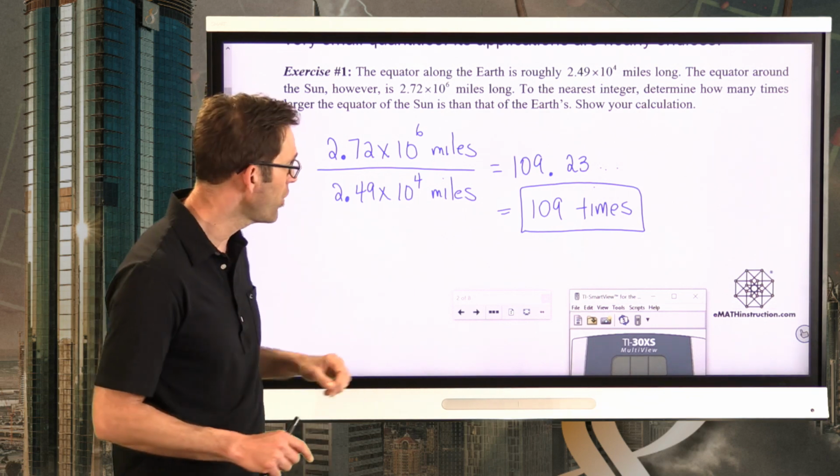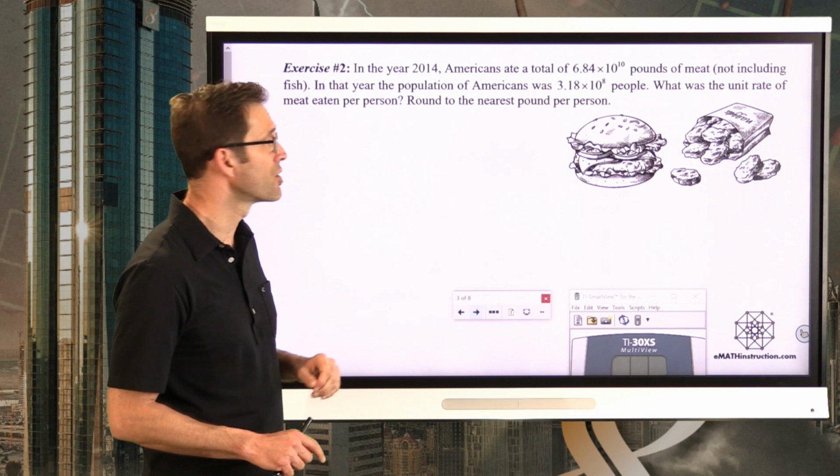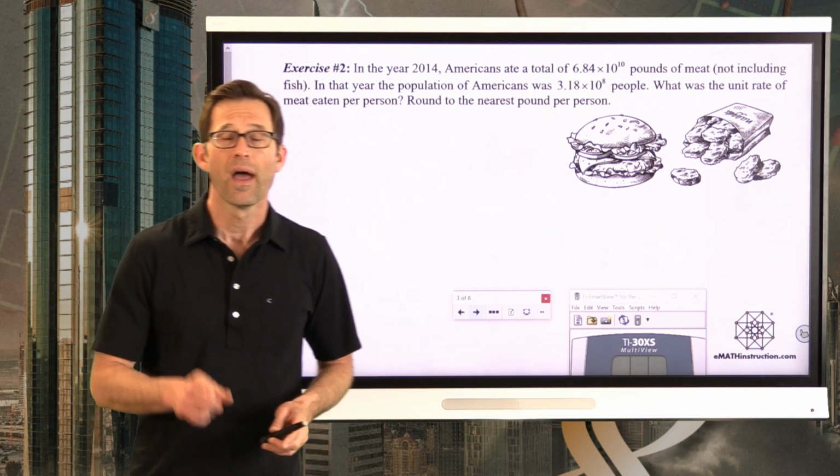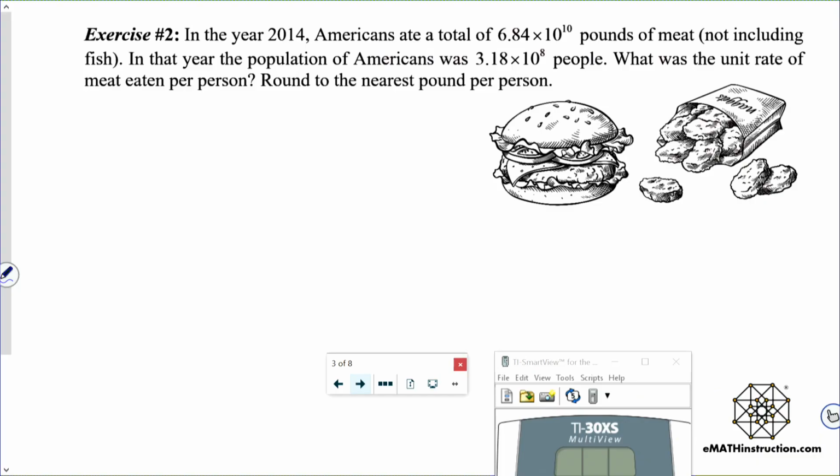All right, let's keep going, working with more numbers that are very large and very small. Exercise number 2. In the year 2014, not that long ago, Americans ate a total of 6.84 times 10 to the 10th pounds of meat. That doesn't even include fish. In that year, the population of America was 3.18 times 10 to the 8th people.